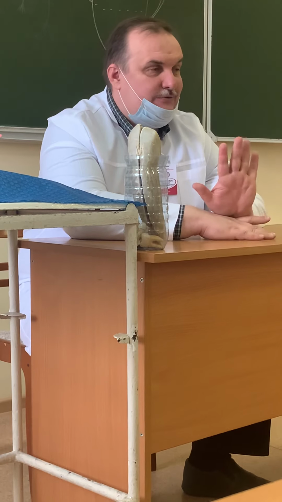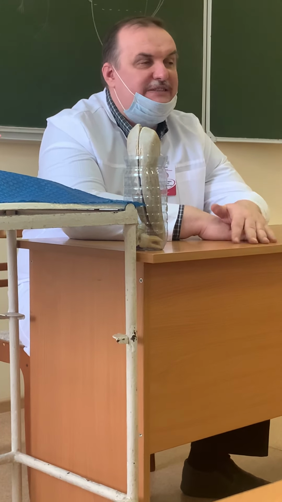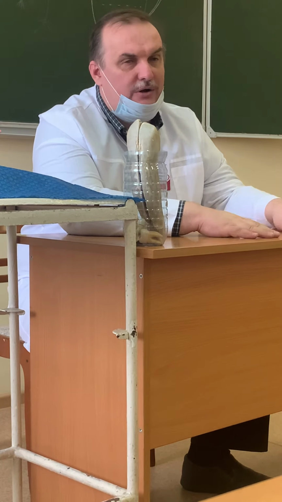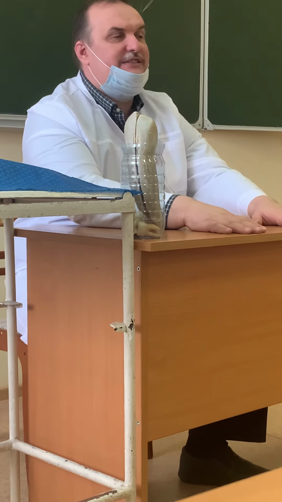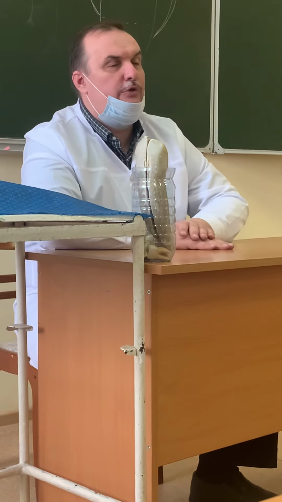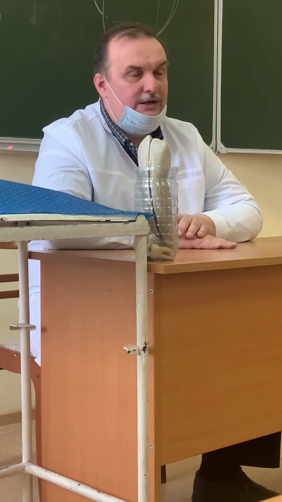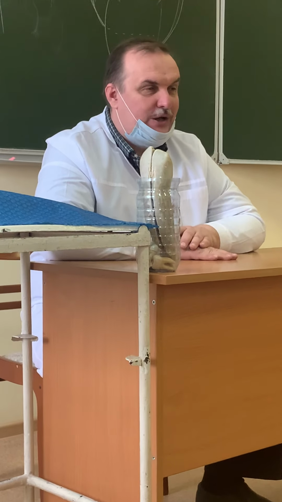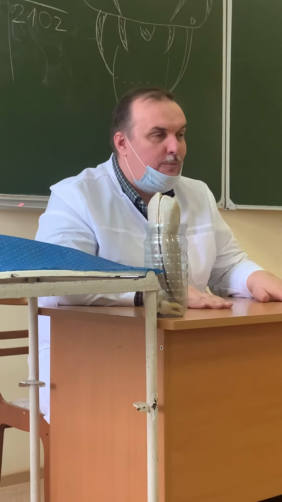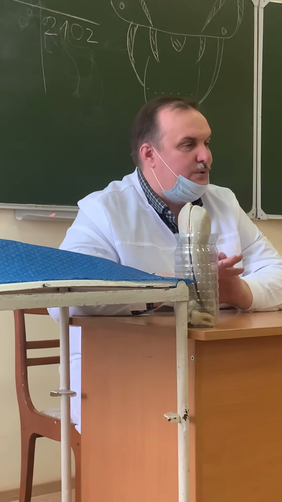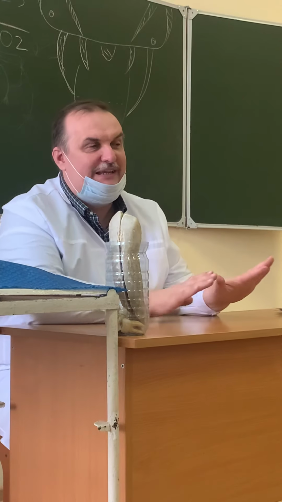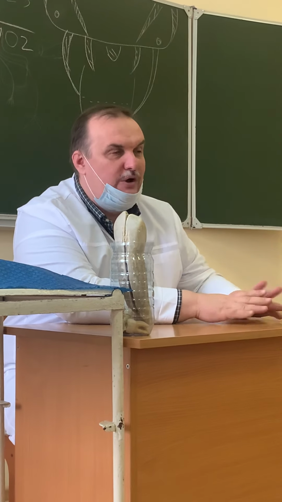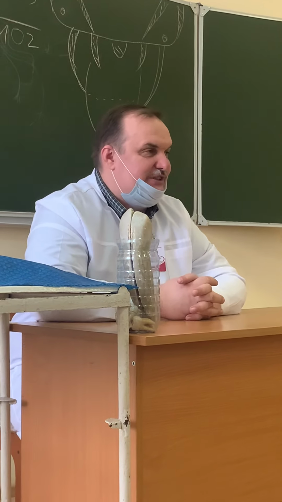There are 5 constrictions, but they are subdivided into anatomical and physiological constrictions. Anatomical constrictions we can see everywhere, on the corpse and in living people. But physiological constrictions are seen only in living people; on the corpse they are absent.